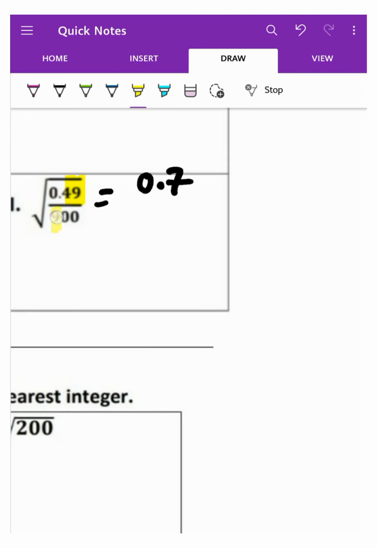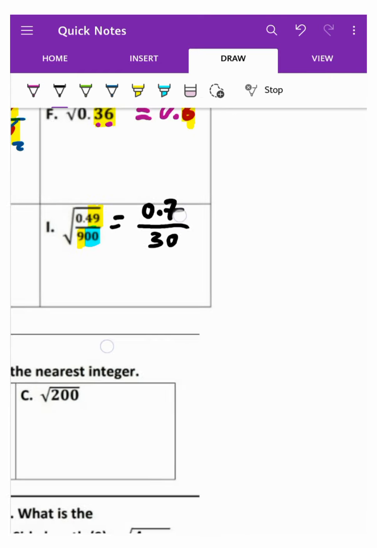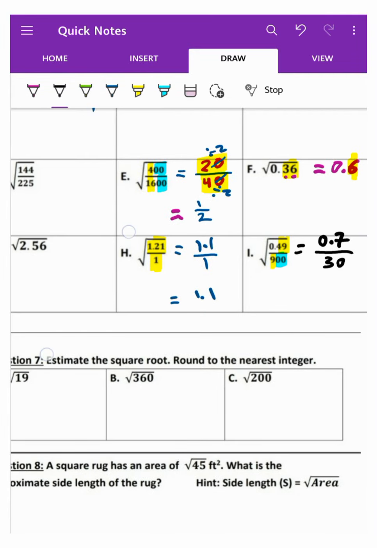Again, the 9 only. It is a perfect square. It gives me 3, and take, the teacher said, take 1 zero from the 2 zeros inside the square root, which equals 30. So it is 0.7 over 30. Let us continue.